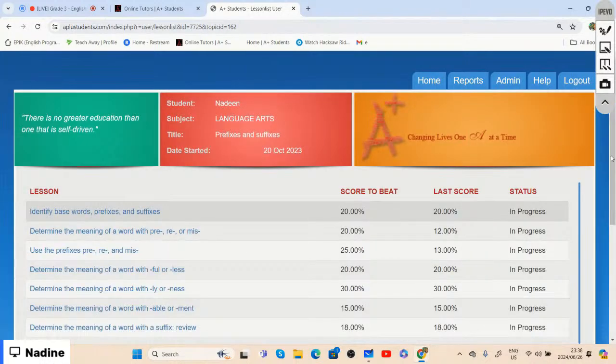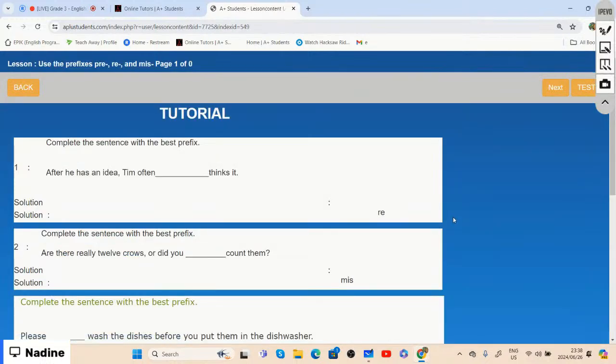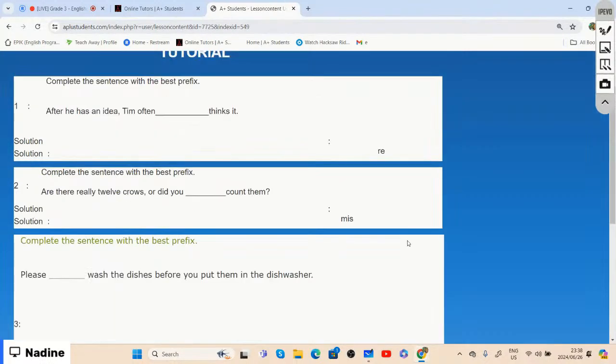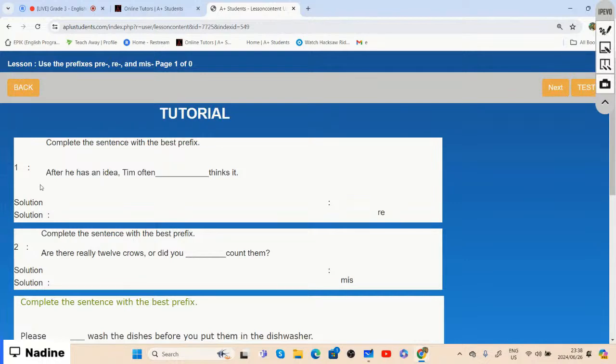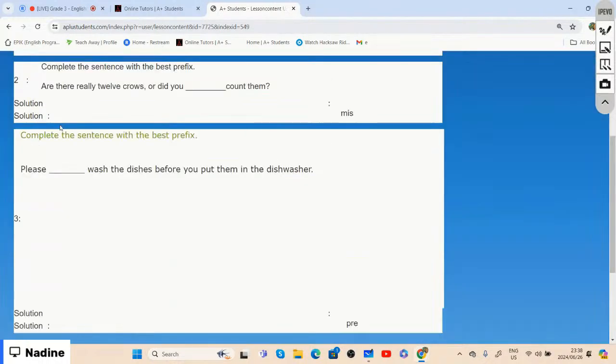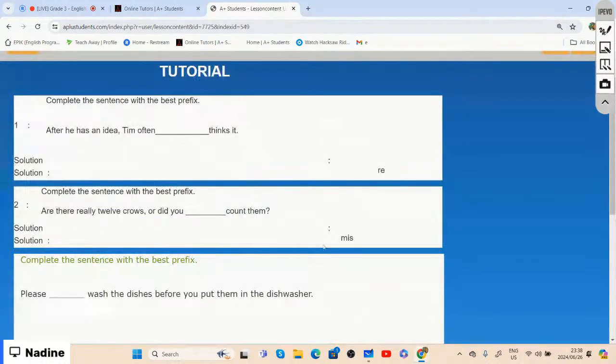All right, now we have determined prefixes. The word pre means before. Re means again, and miss means either wrongly or incorrectly. So now we're going to use the prefixes pre, re, and miss. All right, let's look at these activities before we go to our test. It says we need to complete the sentence with the best prefix.